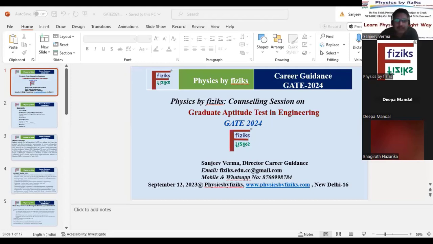Sir, as IIT Bangalore is conducting the GATE examination this year, what will be the level of the exam, which topics will be scoring, and from which topics are the questions most probable? The level of the exam is not going to change.